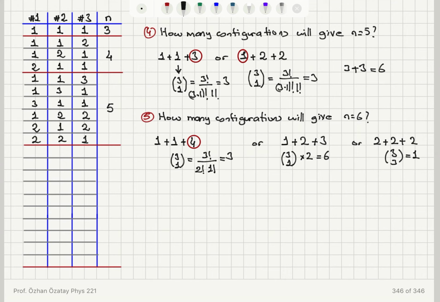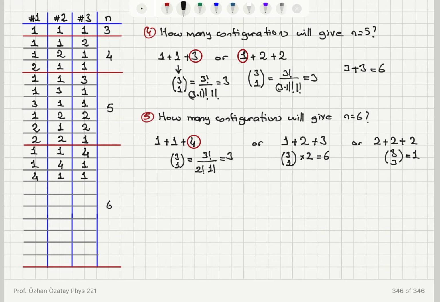For n equals to 6, I can have first one is 1, second one is 1, third one is 4. I can have first one is 1, second one is 4, third one is 1, and then 4, 1, 1. That is 3 of them.